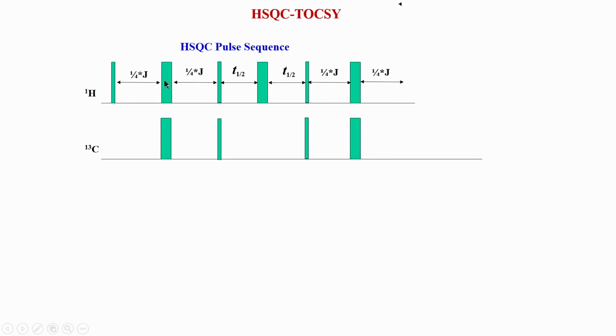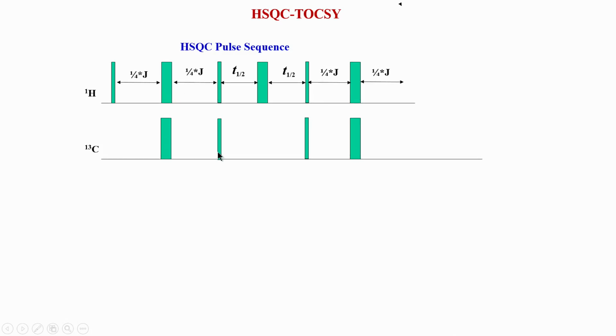This is done through a series of two 180s, exactly in the center of two delays. There is a delay of 1 by 4J on either side. This J depends on the coupling value. If J is 140 hertz, typically the value we get is 1.8 milliseconds on each side.